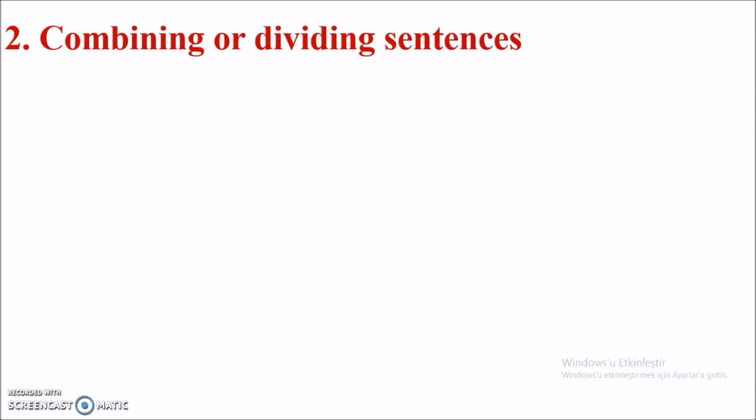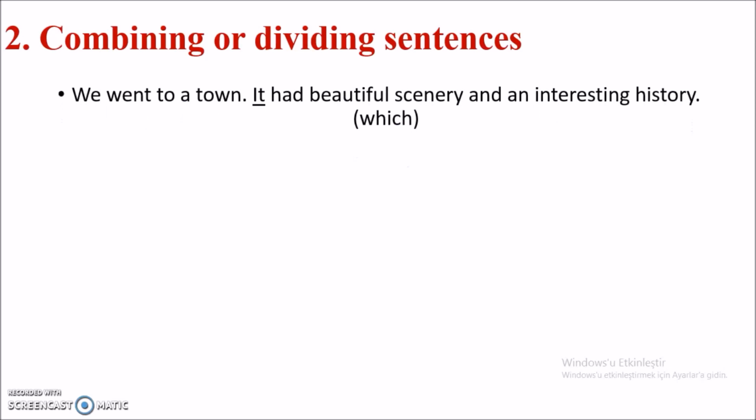Now, the second technique to rewrite is combining or dividing sentences, which means you are either putting sentences together into one, or you are separating sentences by using different structures. If you look at the sentence, it says, we went to a town, it had beautiful scenery and interesting history. They gave us a word, which, in parentheses.